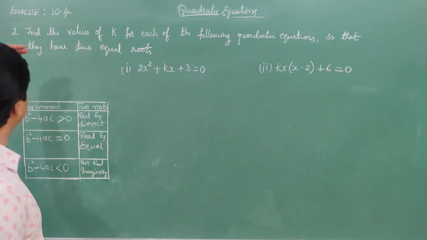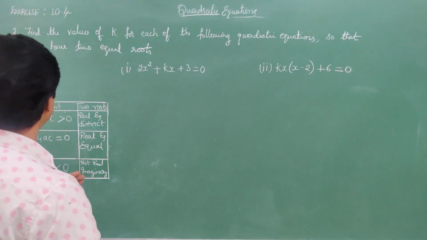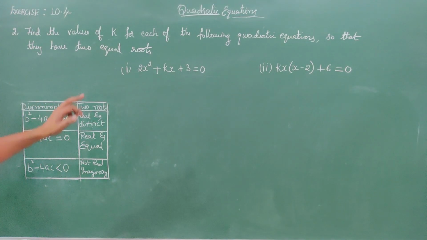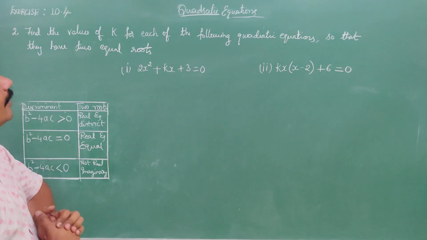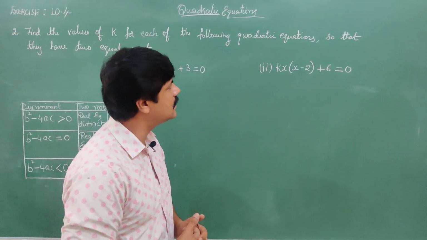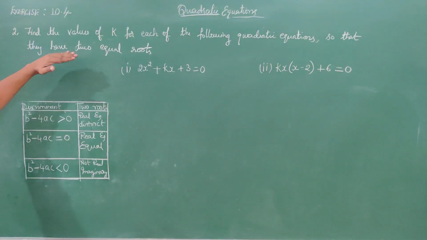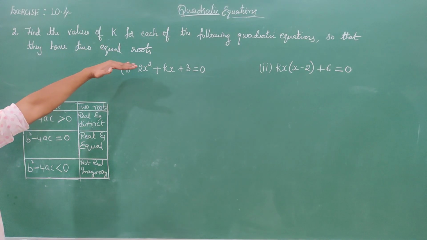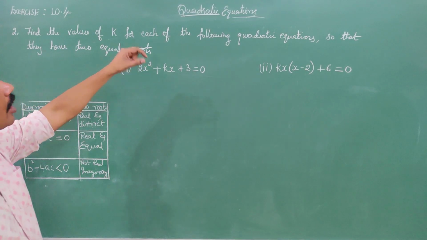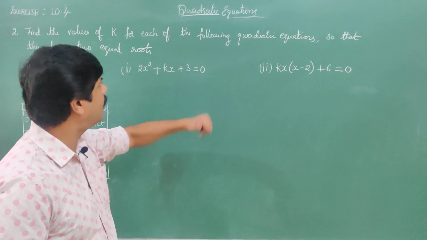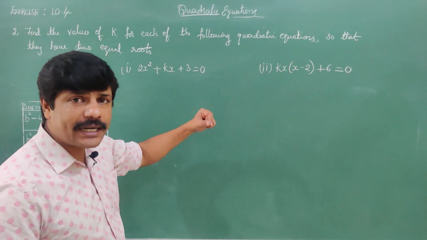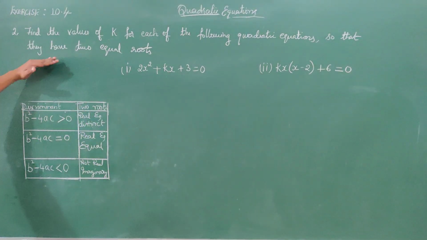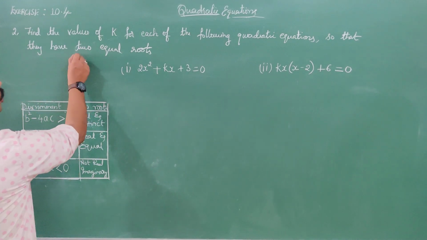Second question of exercise 10.4, which says: find the values of k for each of the following quadratic equations so that they have two equal roots. We have to find the value of k here. What is the condition? So that they have two equal roots.